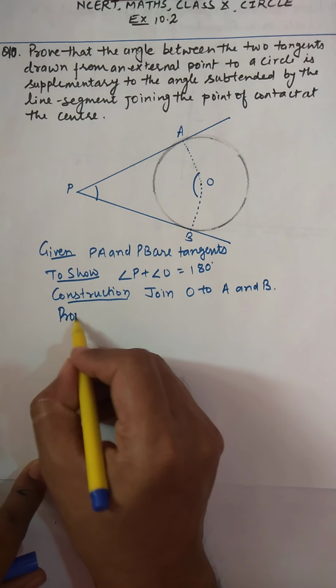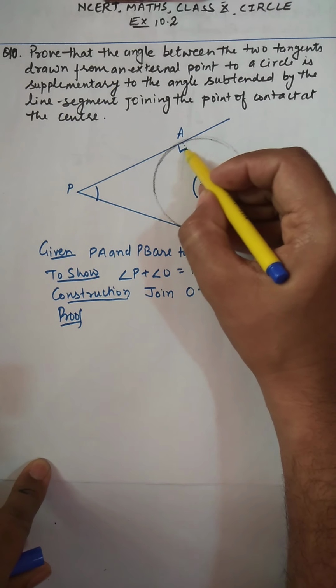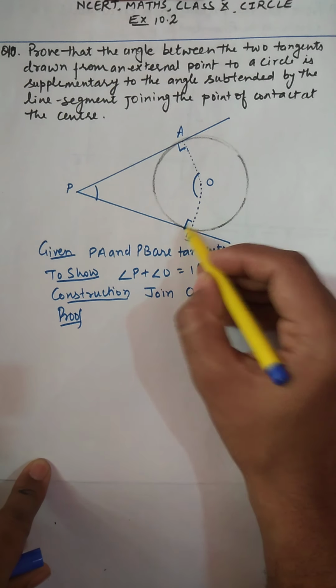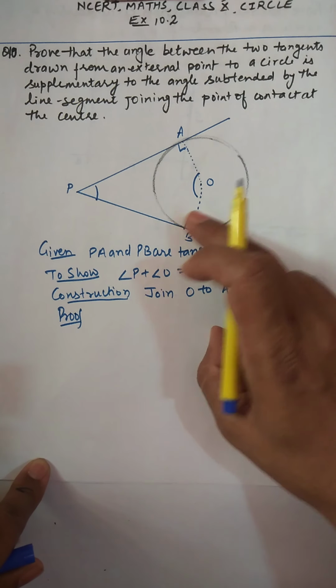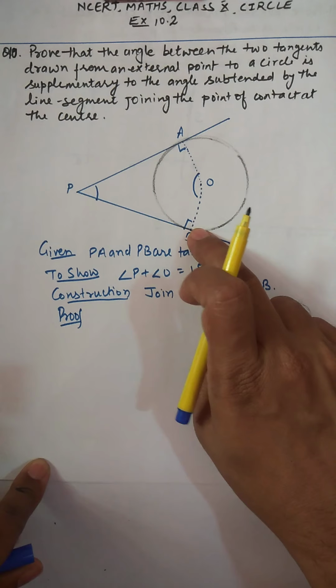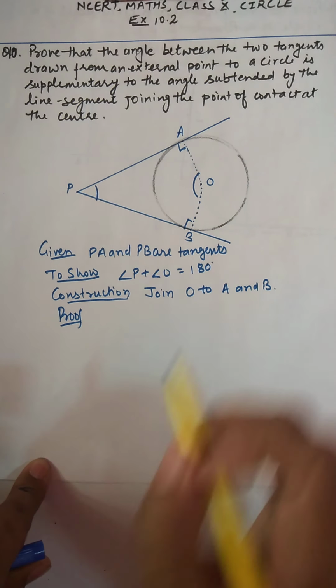So the proof can be written very easily. Now you see this angle A is 90 degrees, angle B is also 90 degrees, because a line from the center to the point of contact is perpendicular to the tangent.